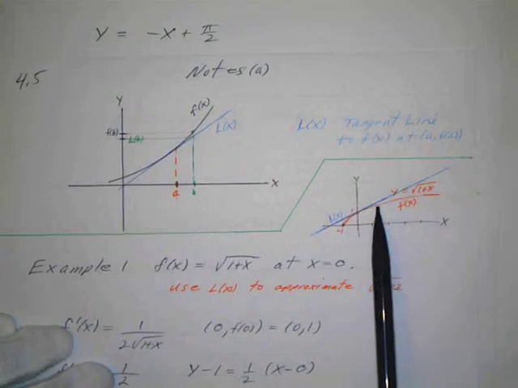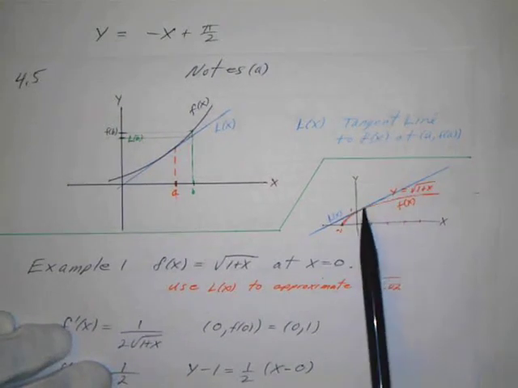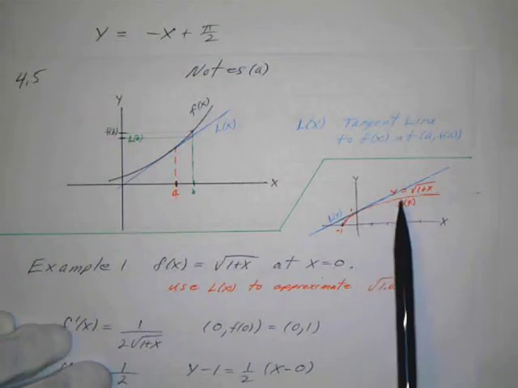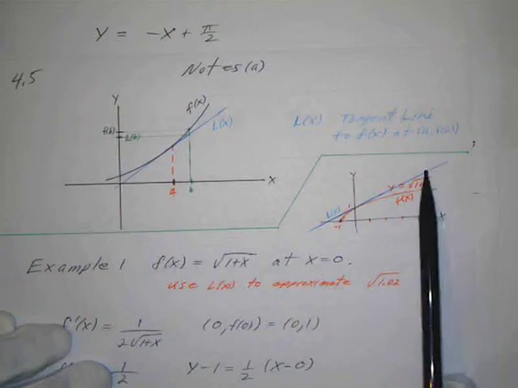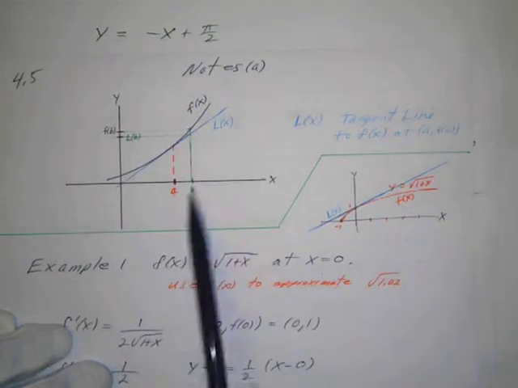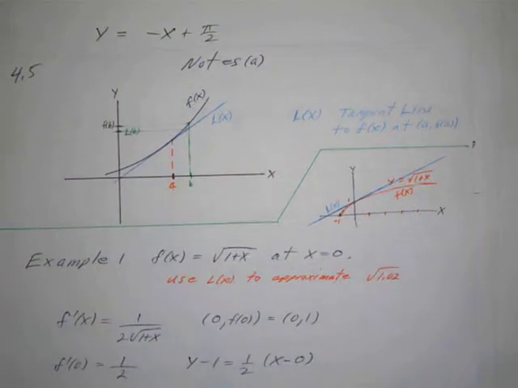And the same thing in this graph over here for the example. As I get farther and farther away from my point of tangency, I have much greater error. So I'll lose my accuracy as I get farther away. So we want to be pretty close. So we want to really pick an a that's going to be close to what we want when we find that point of tangency. And that's the trick.